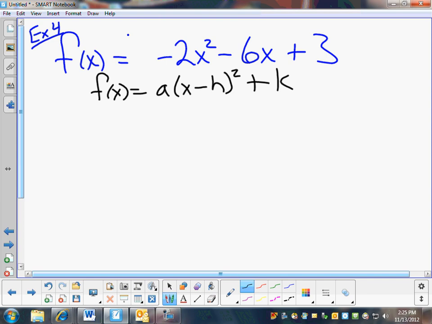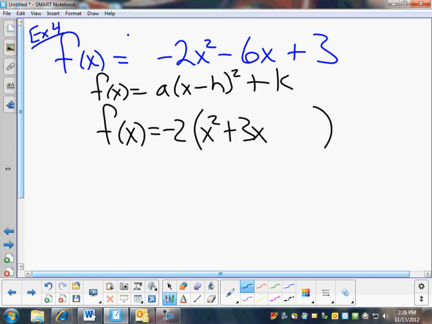What should I factor out? A negative 2. So I have f of x is equal to negative 2 times what? X squared. That's going to be a plus 3x. And I'll leave that there, and I'll leave the 3 on the end. See how the constant is right at the end with that?